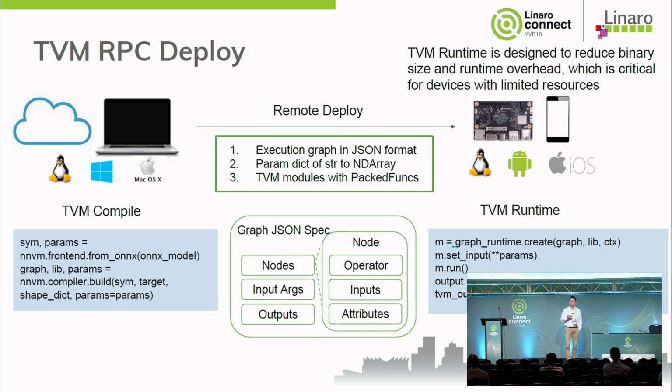It can be an OpenCL context using the Mali GPU. It can be an FPGA context using PYNQ hardware, right? Then you can set the input to specify the inputs to the runtime and call the run function to execute the prediction with the new data you get on the device side.